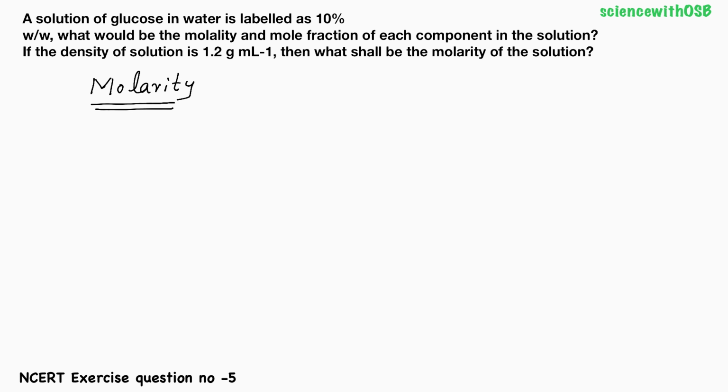Hope you understand. Now we have to find molarity, right? Finding molarity is very easy if mass percentage and density is given. Directly we have an equation. Molarity M is equal to mass percentage into density into 10 by molar mass of the solute. All values are given.